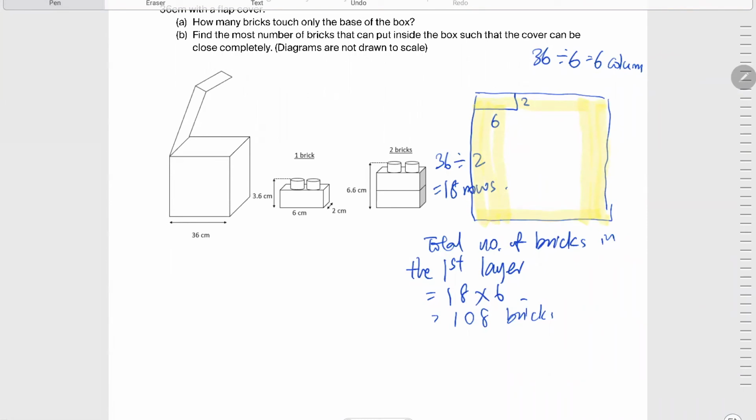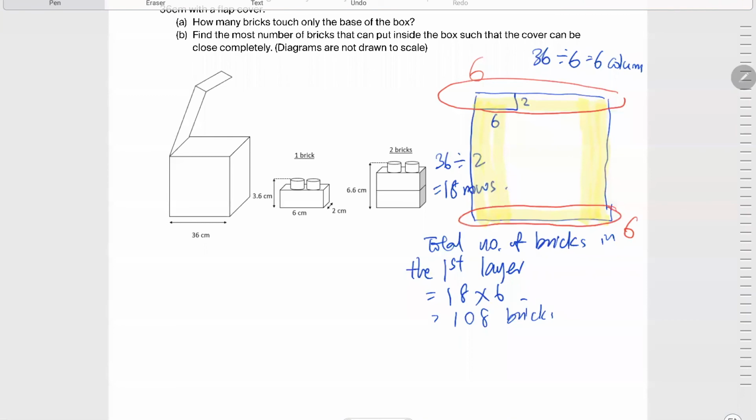Okay, so the first thing I will want to do is to find out how many bricks there are over here, the part here. And you realize that if there are 6 columns, there are 6 bricks here. Which means that if I have 6 bricks here, I'm likely to have another 6 over here.